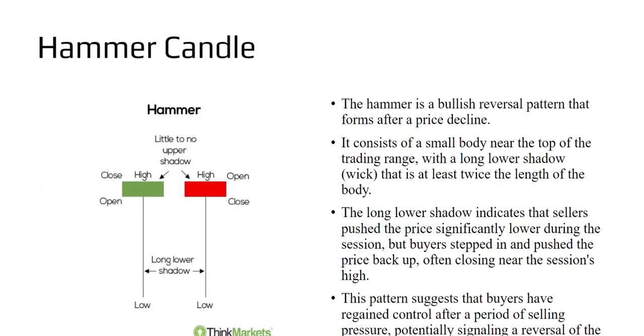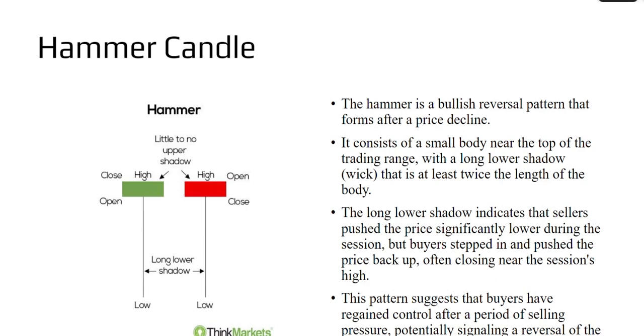Let's talk about specific candles because I like candles. Candles can tell you a lot of different things. And we're going to talk about a couple different candles that are important to bear in mind. The hammer candle specifically is a bullish reversal pattern.